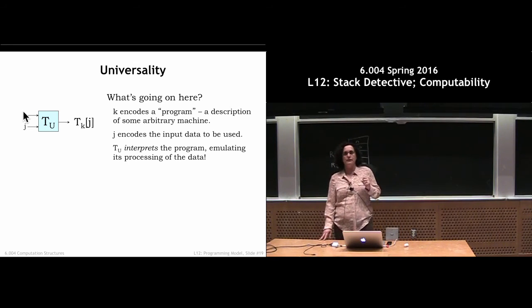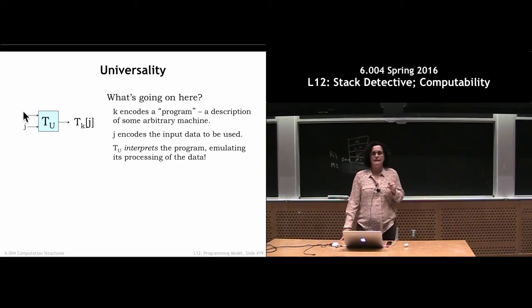Okay, so it's providing a description of what it is that your Turing machine will do, and j is your input. And so your universal Turing machine is going to interpret this program, and it's going to emulate exactly what Turing machine k would do on this input j.